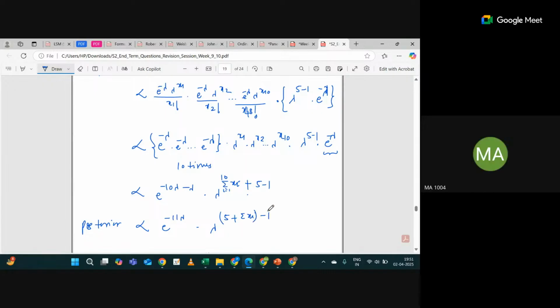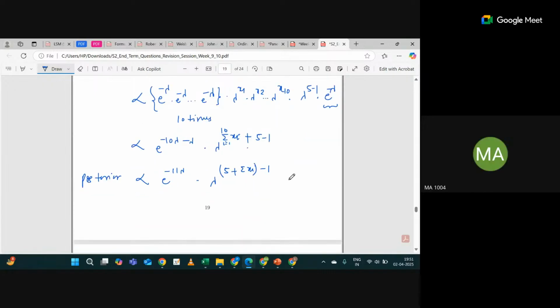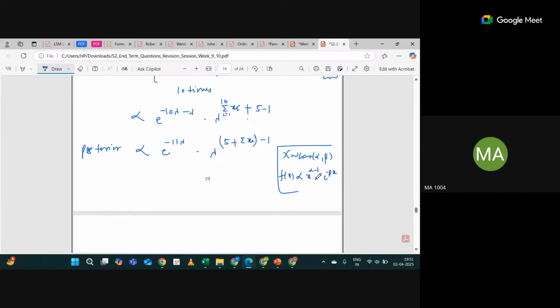Now you can see the form of the gamma distribution. If x follows gamma with parameters alpha comma beta, then the PDF is proportional to x raised to the power alpha minus 1 into e raised to the power minus beta x. Here lambda is our random variable instead of x.